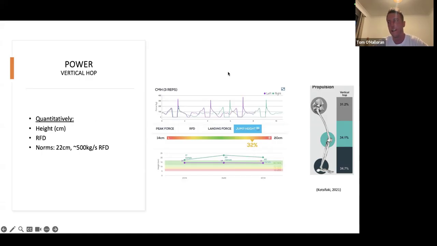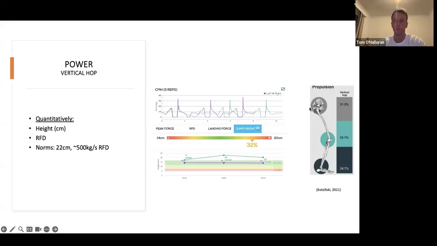And so why a vertical hop? A vertical hop is a very even distribution of propulsion from hip to knee to ankle. So around a third from each.